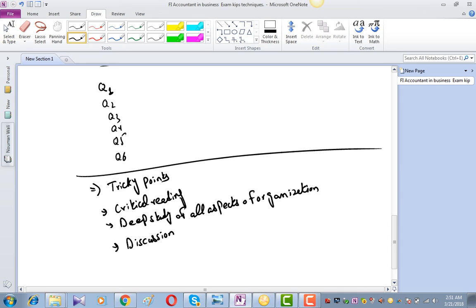Fourth one is do maximum revision, so you are mentally ready for the exam. Try to do one exam before the actual exam, so you will be ready to tackle the exam situation. So fourth is maximum revision and a mock before the exam.